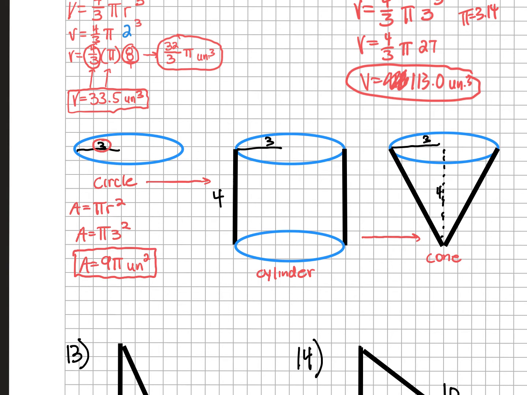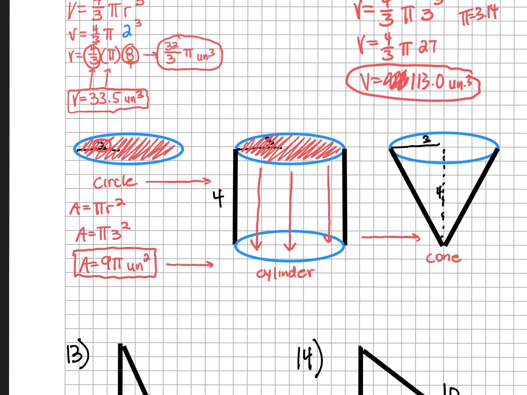If we can find a circle, then we can find the cylinder. Because there's 9 pi units all in that shape, so there's 9 pi units all in this shape up here. And we're just going to let those 9 pi units grow and stretch them down and get 4 times bigger.